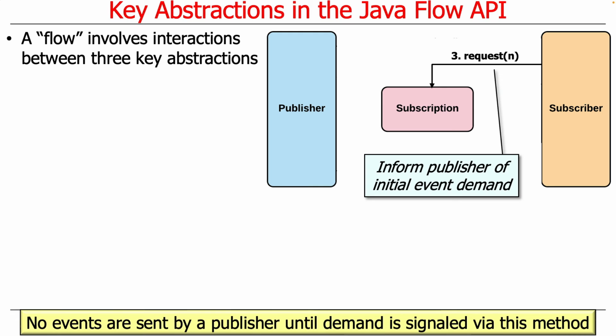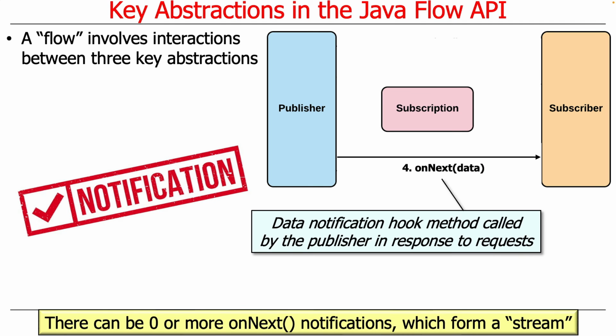You can send either, like I said before, max value, which says just send it all as quickly as you possibly can, or n, where n might be a value like 3 or 10 or 1,000. This informs the publisher of the initial event demand. No events are sent by a publisher until the subscriber indicates the demand by calling this method. Sometimes this is done implicitly, but nothing starts until that happens.